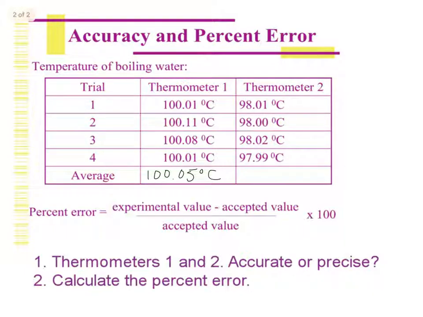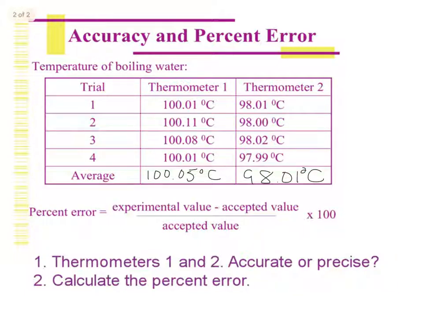All right, 98 point, I'm going to keep the same number of decimals, 98.01. All right, 98.01 degrees Celsius.